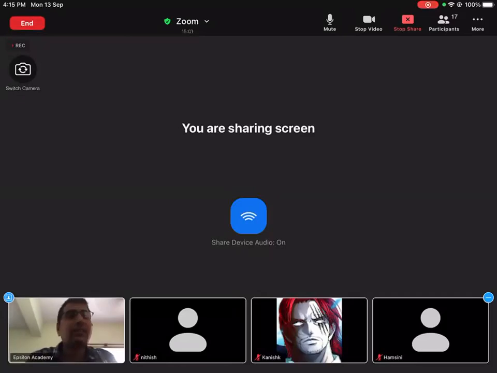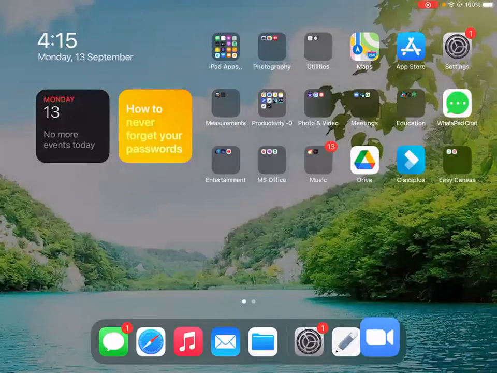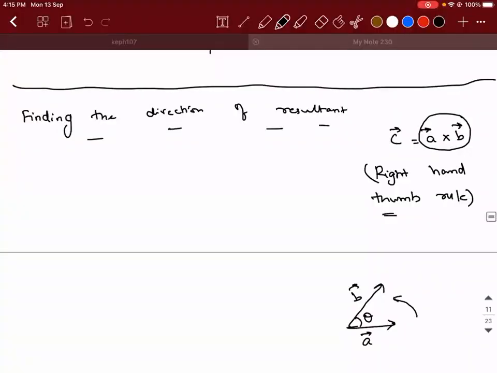So in this scenario that I've shown, from A vector towards B vector, you need to curl your hand in the anti-clockwise direction. So what is the direction of the resultant? It is in the direction of k cap, that is out of the plane. And this is called anti-clockwise rotation.